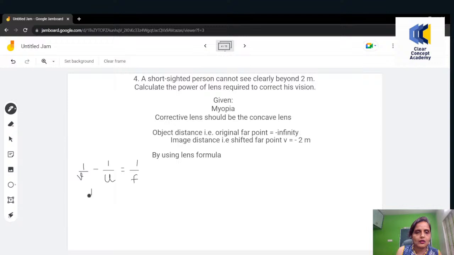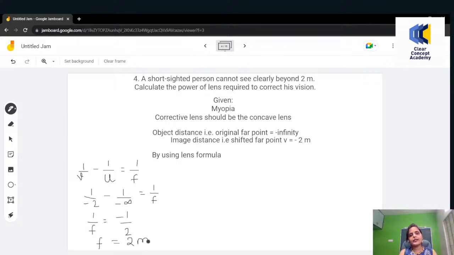Therefore, 1 by v is 1 upon minus 2, minus 1 by u is 1 upon minus infinity, equal to 1 by f. Just now we discussed that 1 upon infinity is 0. Therefore, we get 1 upon f is equal to minus 1 by 2. Therefore, f is equal to minus 2 meter.